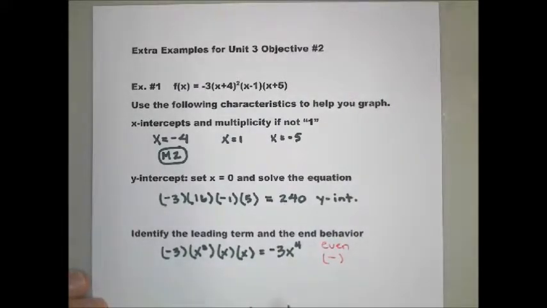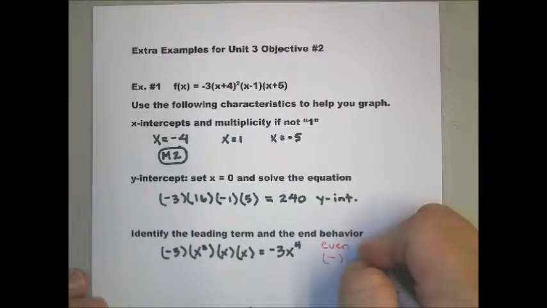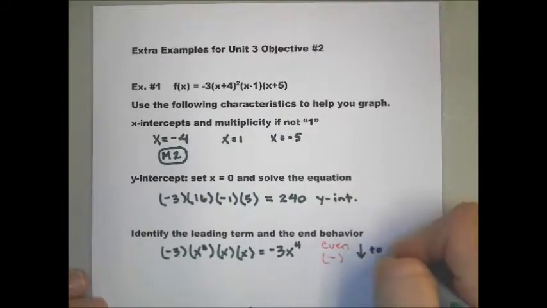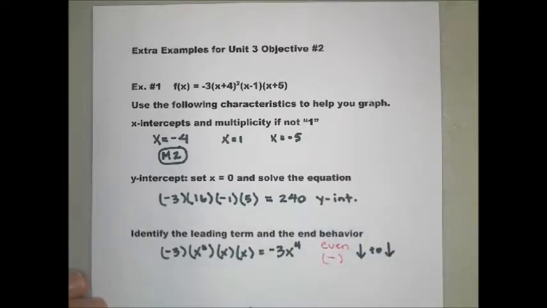So when there's an even power and a negative leading coefficient, the end behavior is low to low, which means the graph starts low and it ends low.